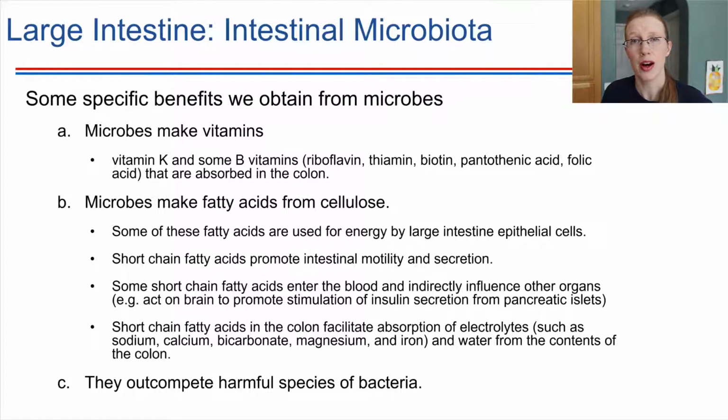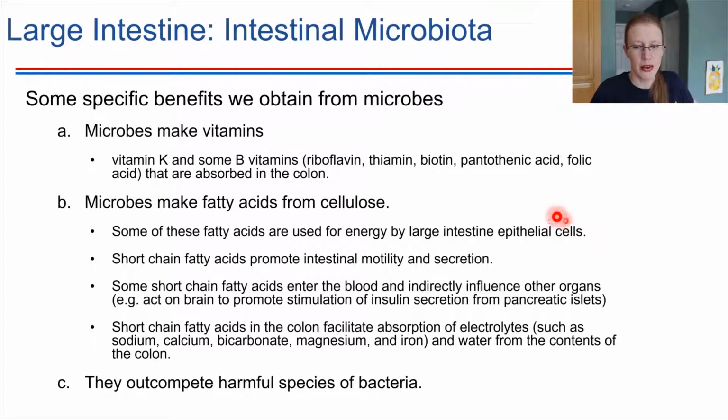And some of the byproducts of cellulose digestion are really critical to us. One of the key things that the microbes make as a result of processing cellulose is fatty acid chains. Fatty acids can be taken up. We can absorb fatty acids, and they're very useful. Fatty acids can be used to provide energy directly, energy for those epithelial cells lining the intestine.